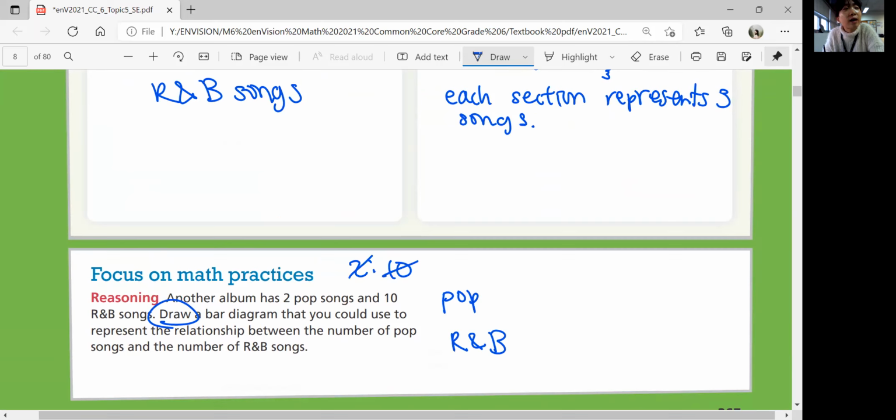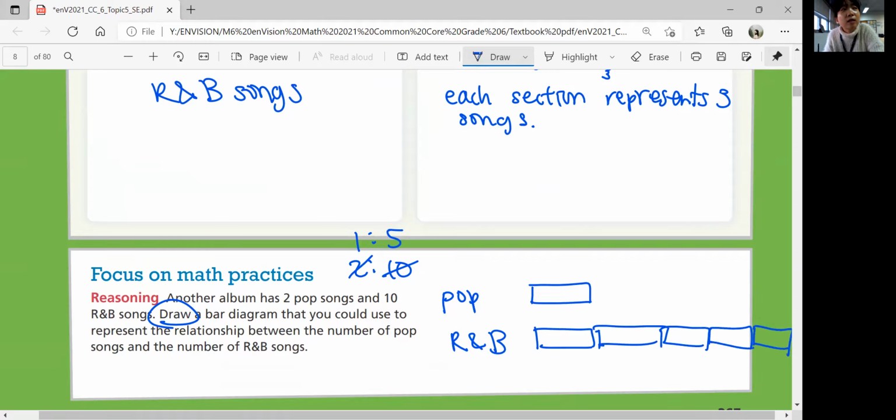You can divide both numbers by 2, 1 to 5, right? So pop will have 1 bar, R&B will have 1, 2, 3, 4, 5 bars. And each bar represents 2 songs. 2, 4, 6, 8, 10. Okay? So that's a diagram.